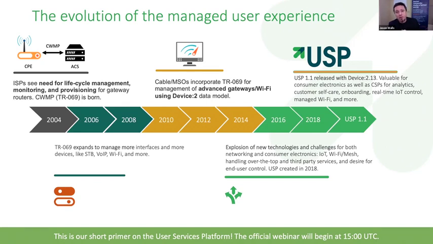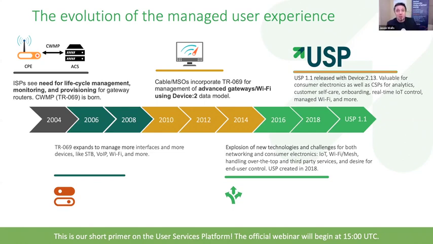When we started doing Wi-Fi interfaces and getting into IPv6, we realized the time had come to build a new version of the data model, and that gave birth to TR181 Device 2. Device 2 ended up getting adopted by cable and MSO providers using TR69 for their more advanced gateways and for managing Wi-Fi.